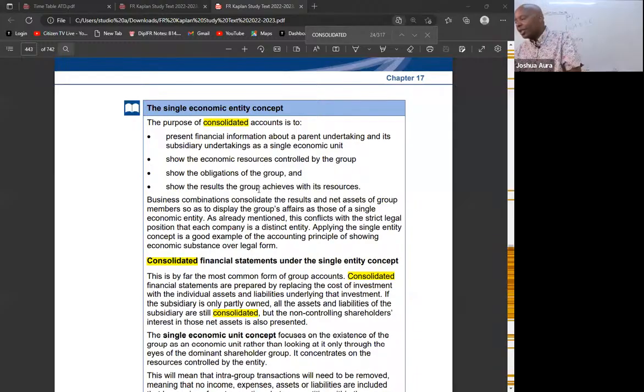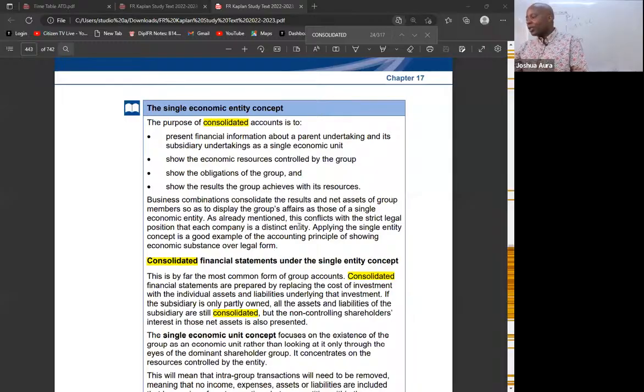Show the obligations of the group, and then show the results the group achieves with its resources. Business combinations consolidate the results and the net assets of group members so as to display the group's affairs as those of a single economic entity.